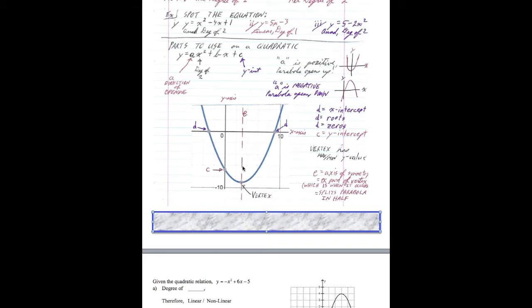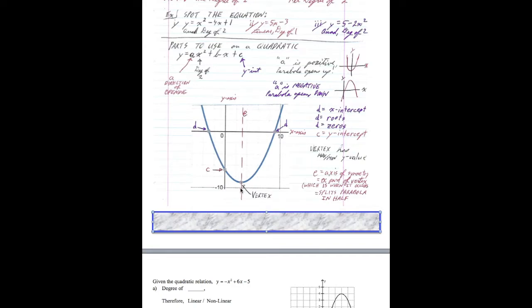And this line going through the middle, the axis of symmetry, tells me when the lowest point occurs. So when it's at the bottom, it's considered to be a minimum. That's its minimum value. It will never get any lower than this vertex. That's what it means.